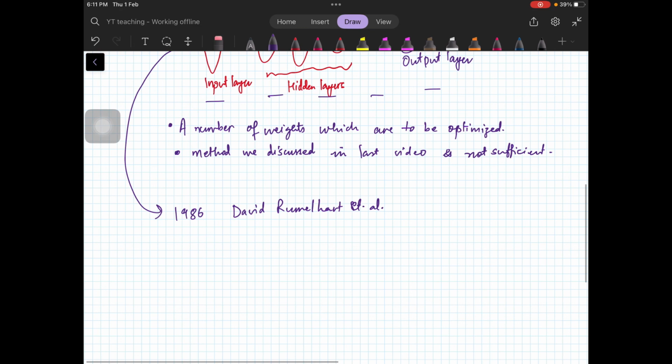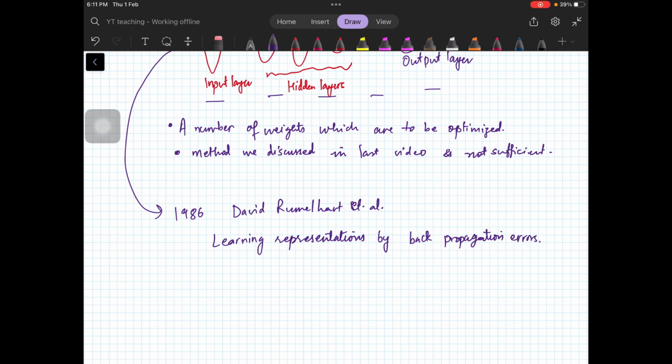The title of the paper was Learning Representations by back propagating errors.